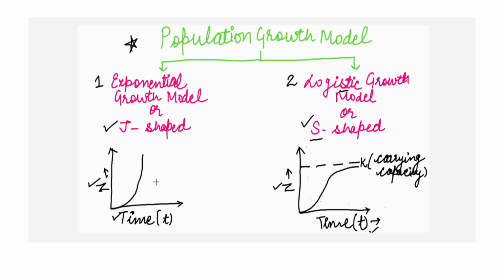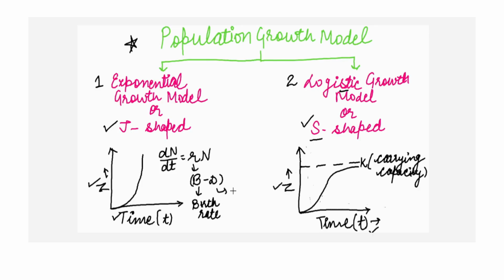Then what is the formula for the exponential growth model? This formula is asked directly. According to the graph, we have the formula dN/dt = rN, where r represents the intrinsic rate of natural increase, which is equal to b minus d. Now what is b minus d here? b is the birth rate of that population and d is the death rate.